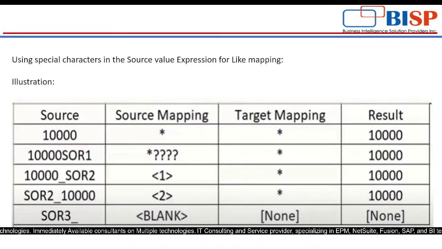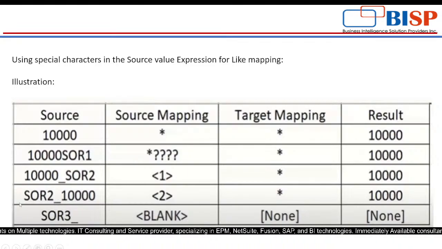Now, in the third case, we have 10,000 underscore SOR2. Here, I only want 10,000 to be transferred to the target application. There is a connector between 10,000 and SOR2, so this is a concatenated figure, and we need to remove SOR2. In the given case, we are using 1, as I want the first member to be transferred to the target application.